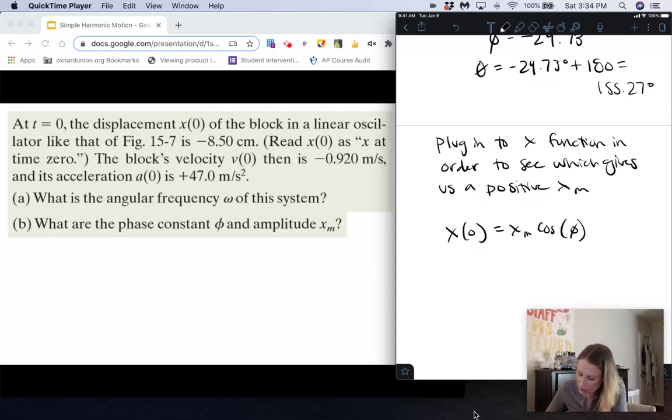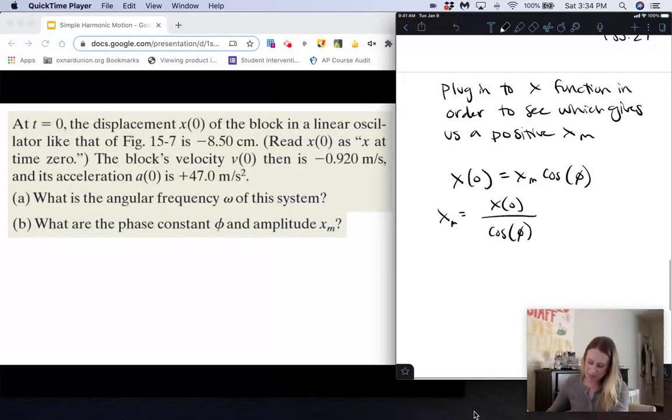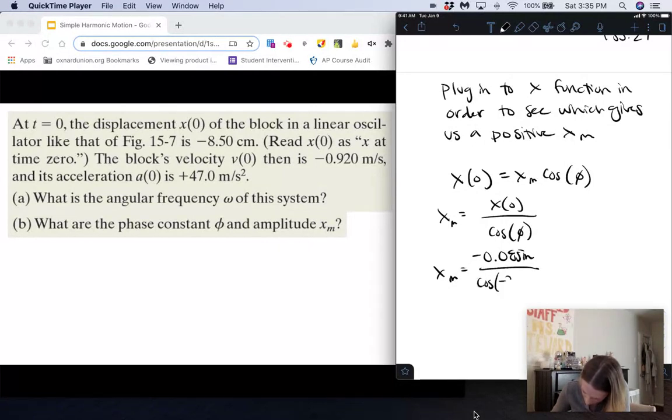If I solve for my xm, my maximum amplitude position, I get x of 0, the position at time 0, divided by the cosine of the phase angle. So plugging in my numbers for both of my angles, I get xm equals my position at time t equals 0, that was negative 0.085 meters, divided by the cosine of negative 24.73 degrees.